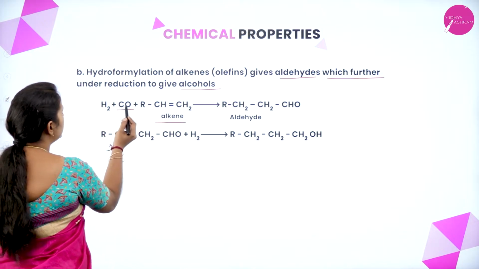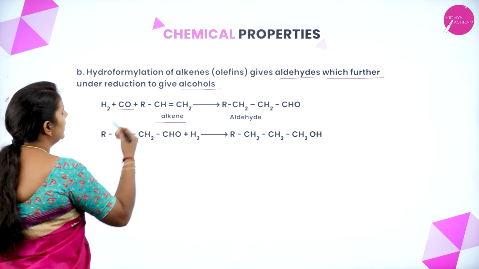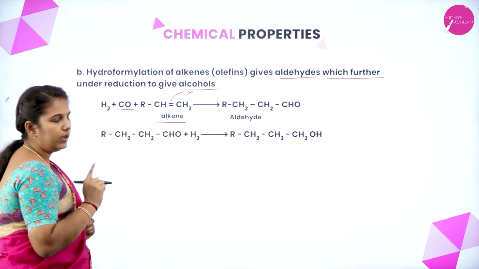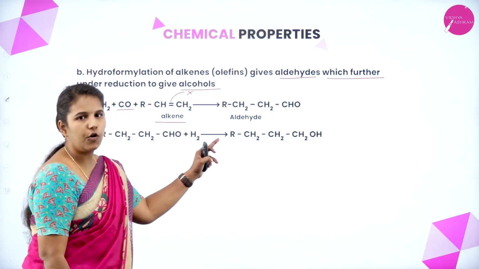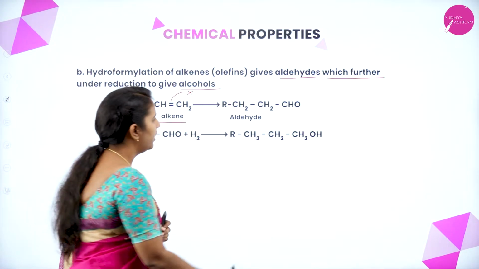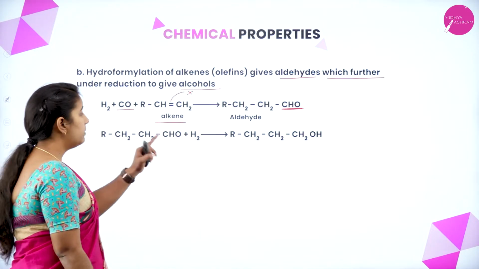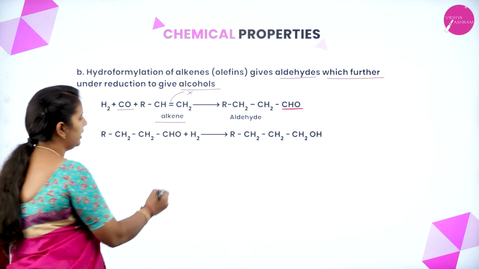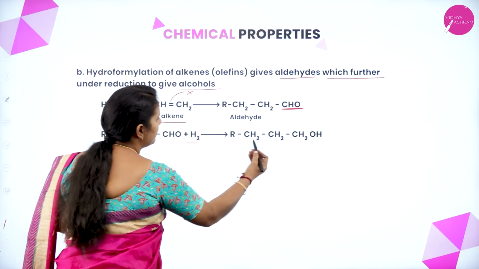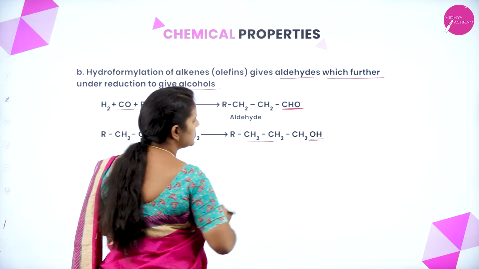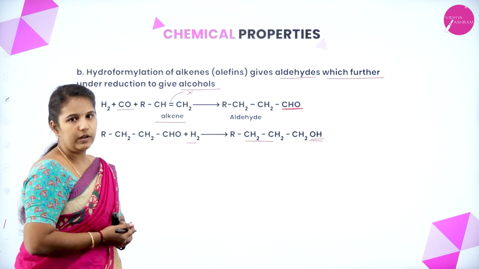When dihydrogen reacts with the carbon monoxide, it breaks a bond between the two carbon atoms and results in the formation of aldehyde. You can see that there will be an aldehyde group, which upon further reaction with dihydrogen gives what? Alcohol. You can see that the OH group will be there.